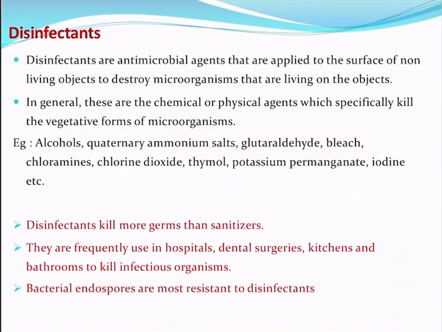And the next class of chemotherapeutic agents is disinfectants. Disinfectants are antimicrobial agents that are applied to the surface of non-living objects to destroy microorganisms living on the objects. In general, disinfectants are chemical or physical agents which specifically kill the vegetative forms of microorganisms.